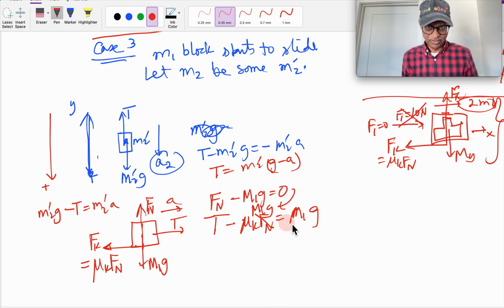It's not M1 a here, not g, M1 a, because this is the positive x-axis.